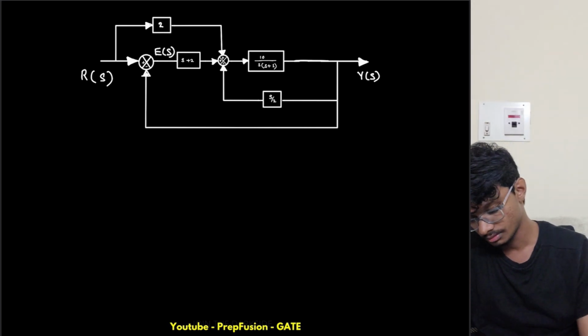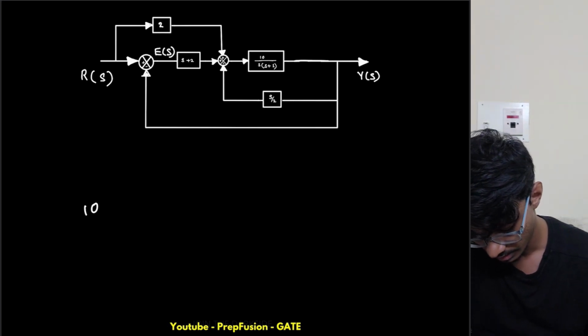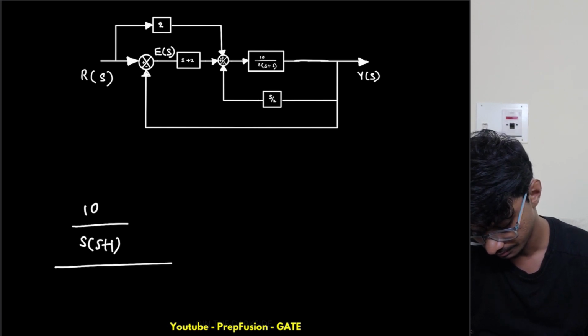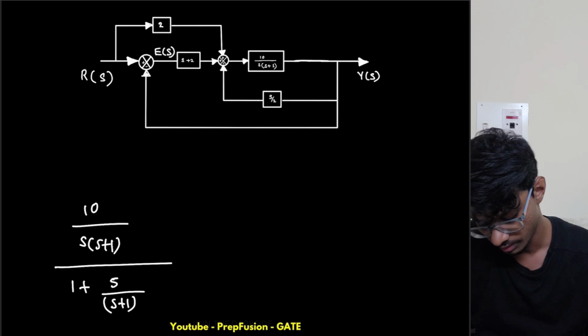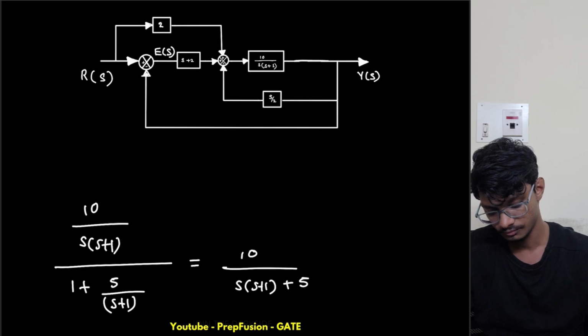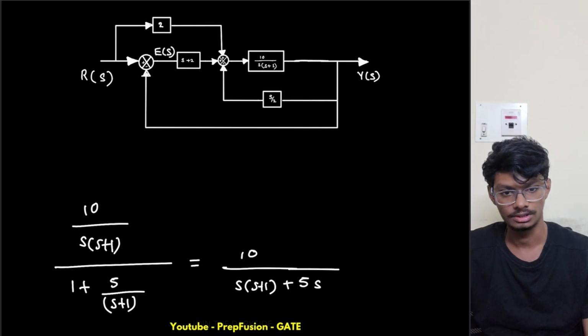So what will this become? This will become 10 by s times s plus 1, divided by 1 plus 5 by s plus 1. So let us multiply by s into s plus 1. So we get s into s plus 1 plus 5s only. So this is what we get as the transfer function, right?